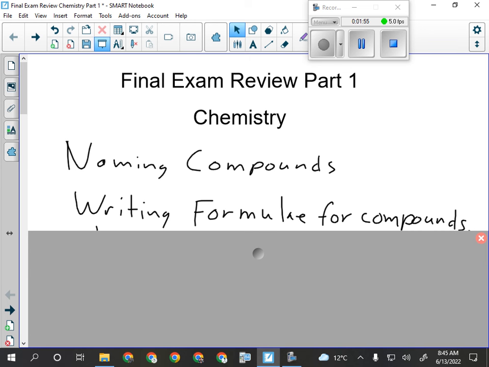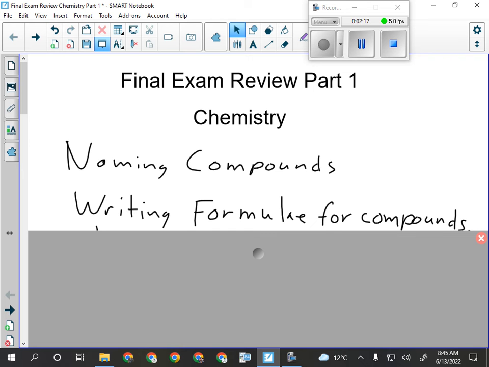For an ionic compound, the prefixes are not on the formula sheet. I expect that you know those, so make sure you know them. For an ionic compound, we write the name of the metal first, and the name of the non-metal second.